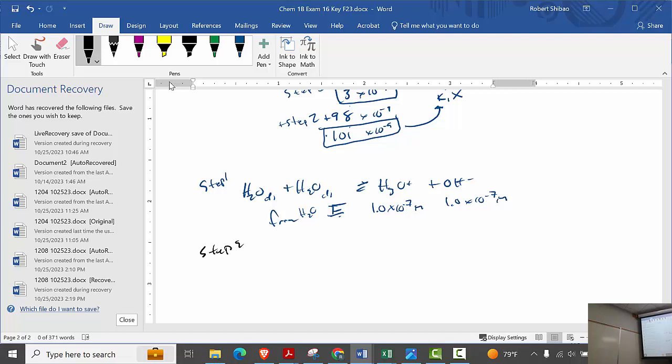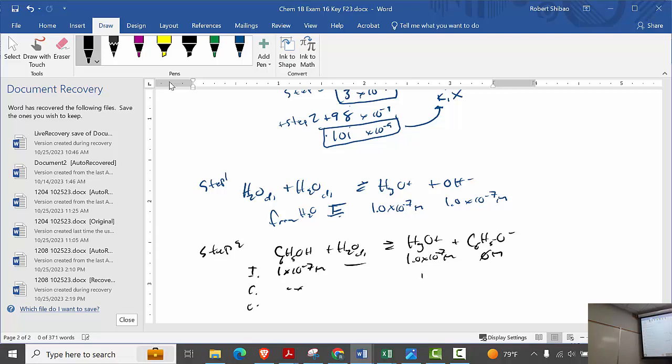And so what we can do here is we can add some additional hydronium to this.